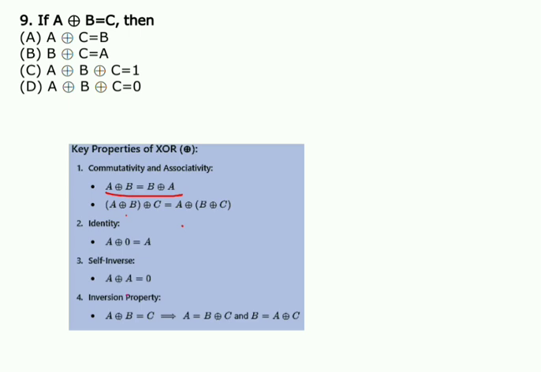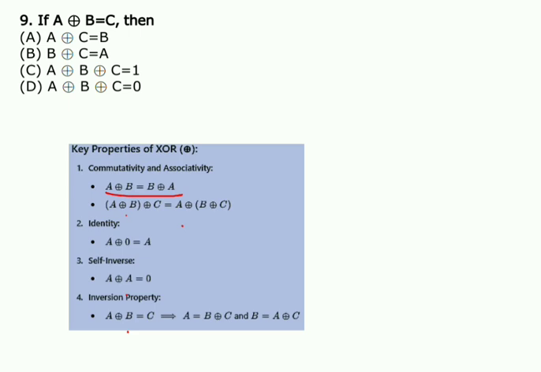And the inversion property: if A XOR B equals C, then A equals B XOR C, and B equals A XOR C.